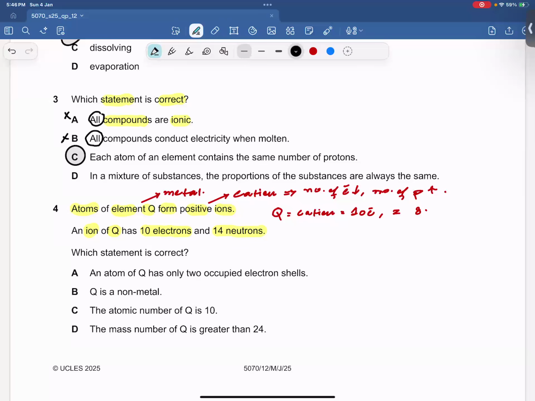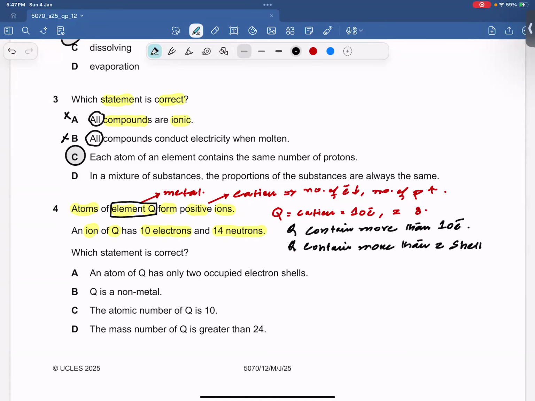Since the examiner is looking for element Q, it means element Q contains more than 10 electrons, which means element Q contains more than 2 shells.